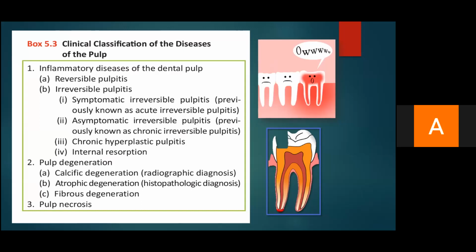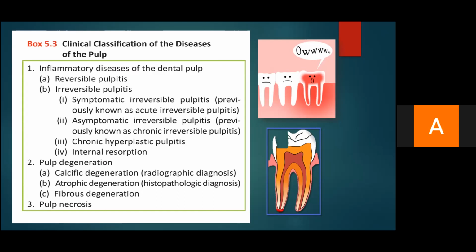So they have divided into major groups as reversible pulpitis and irreversible pulpitis. And the irreversible pulpitis has been further divided into many sections like symptomatic irreversible pulpitis, which was previously known as acute irreversible pulpitis. Then comes asymptomatic irreversible pulpitis, also known as chronic irreversible pulpitis. Chronic hyperplastic pulpitis, internal resorption.